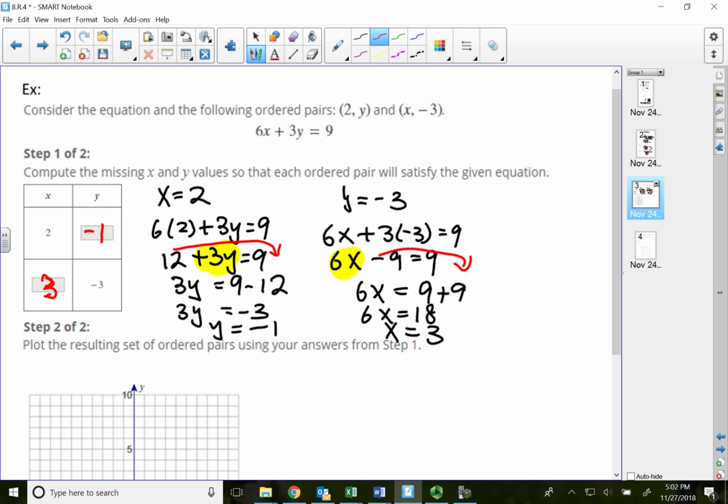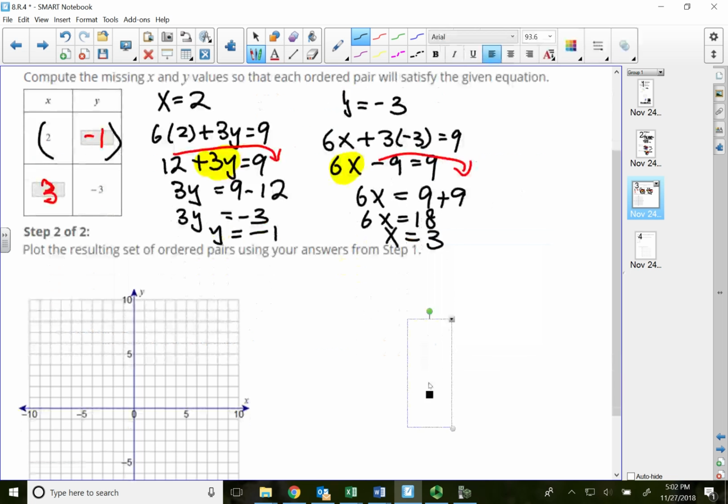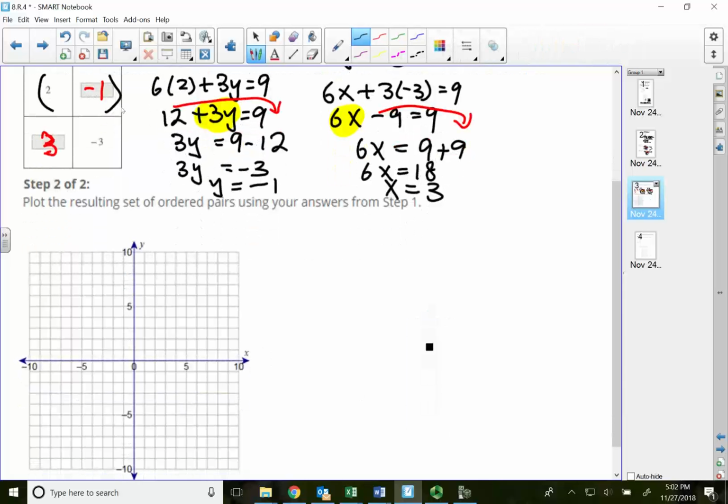All right. So now this 2 comma -1 is one point. So let's plot that point. 2 comma -1, and my second point is 3 comma -3.